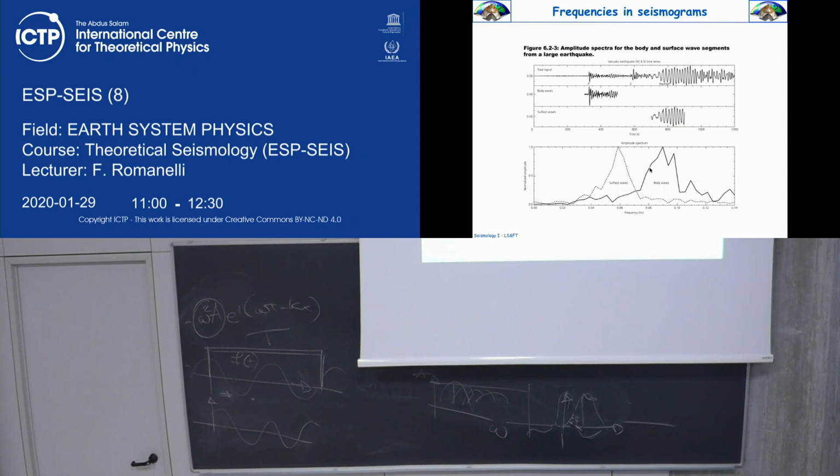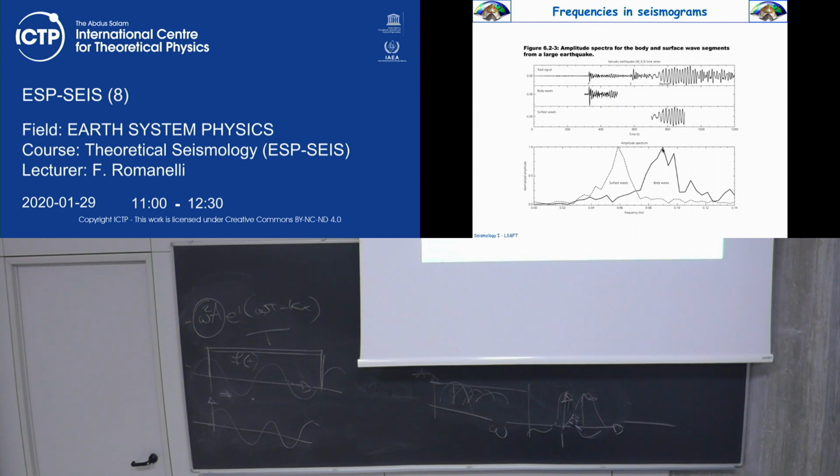For example, this is coming from your textbook, a very important feature that is common: usually body waves are rich in high frequencies because they're impulsive and they contain many frequencies. Surface waves, like Rayleigh waves and Love waves, especially the fundamental mode, come later, I hope you do remember, and they are dispersed.